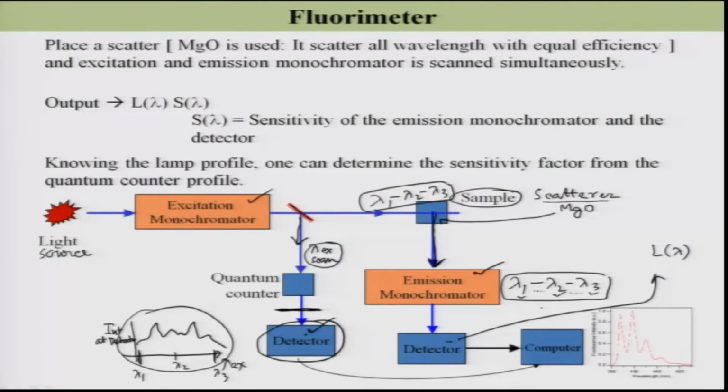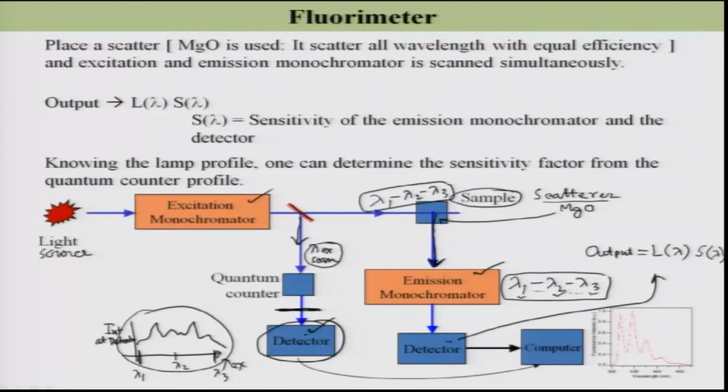That means, this observed signal, I just write output, is not going to be equal to L lambda, but it will be equal to L lambda multiplied by the sensitivity of the monochromator and detector together. Let us name it S lambda.